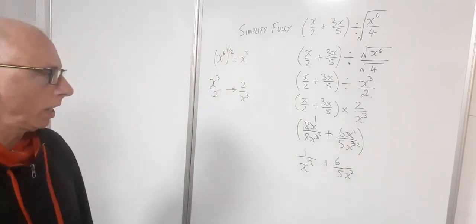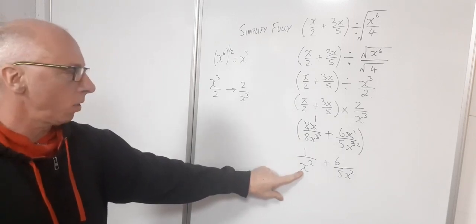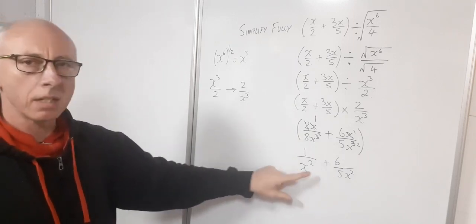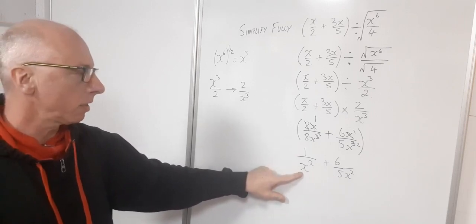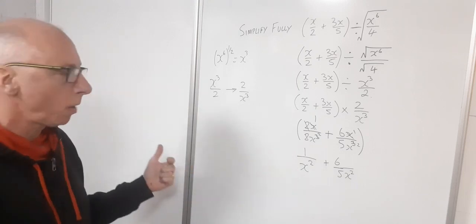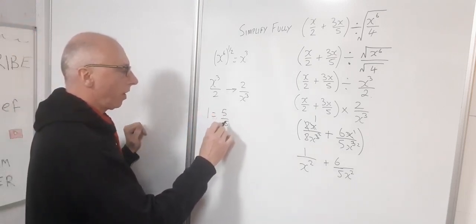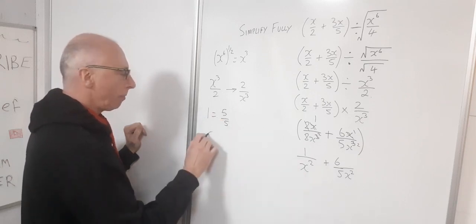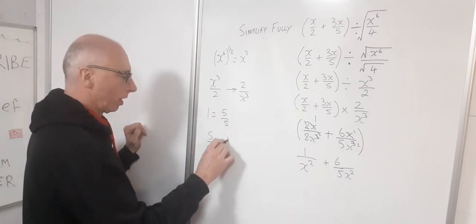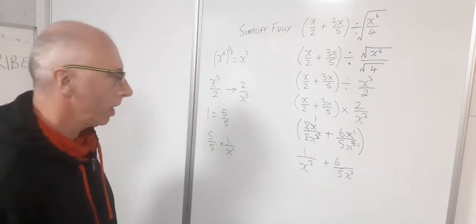Okay, if I want to simplify this even more, I could make these into the same denominators. So if I multiply this term by 5 over 5, I'm multiplying it by 1, aren't I? So 1 equals 5 over 5. If I multiply that by 5 over 5, I will get a denominator that's the same as this one here.